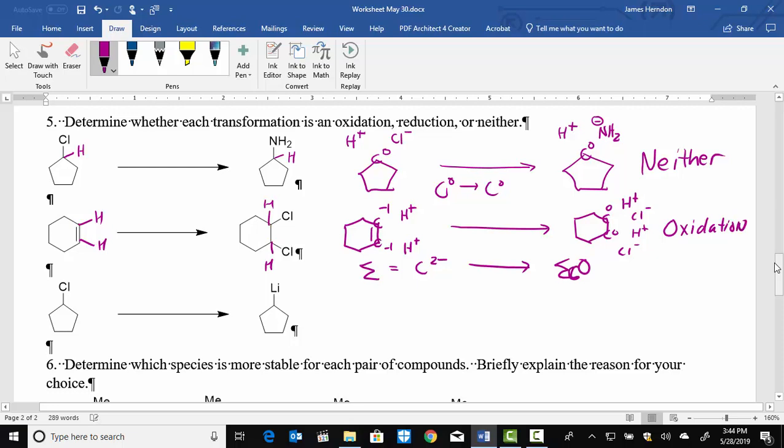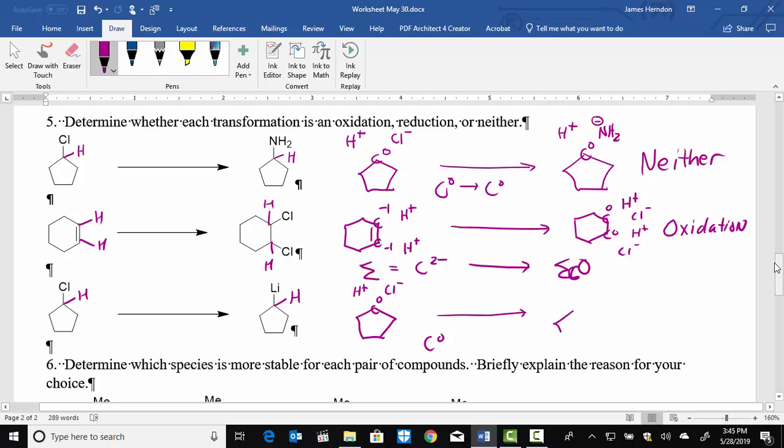Okay, and let's look at this one. The chlorine is converting to a lithium. Okay, so in the right-hand side, this basically looks like the one above there, same compound. This is carbon 0.